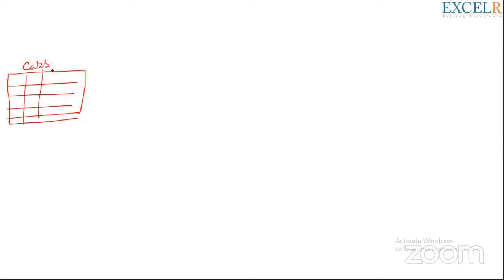Let me give you the overall picture, the holistic view of the model building process, so you can see where we are, what we have discussed, and what we have yet to discuss. This is my data set. You can think of it as the cars data set that we are using, with a number of rows and five or six columns.